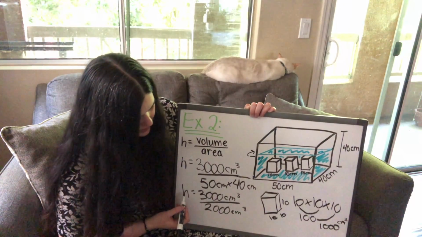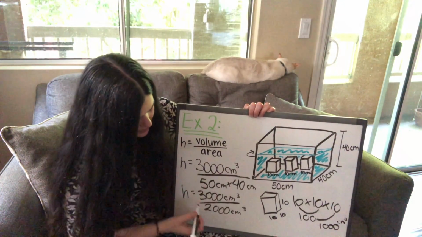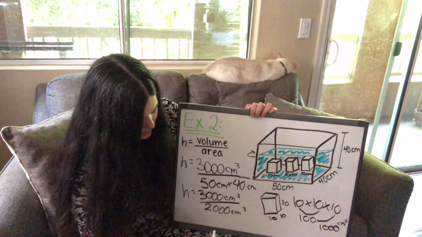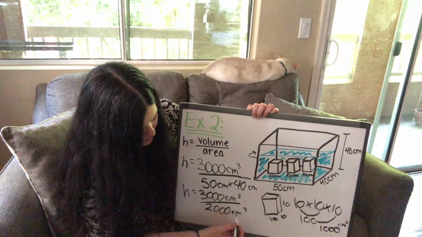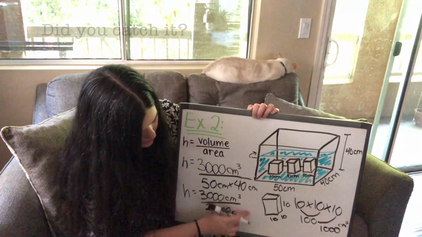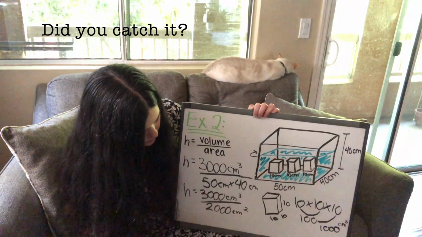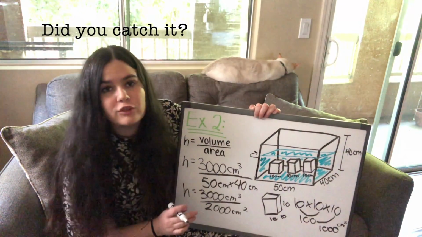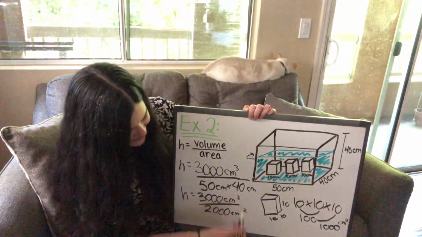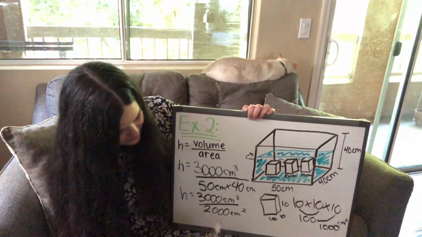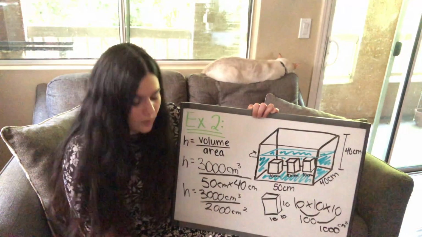So the height, that's how much it increases in height, is 3,000 centimeters cubed divided by 2,000 centimeters. Oh, that's not supposed to be cubed. That's squared. Sorry about that. 3,000 centimeters cubed divided by 2,000 centimeters squared.